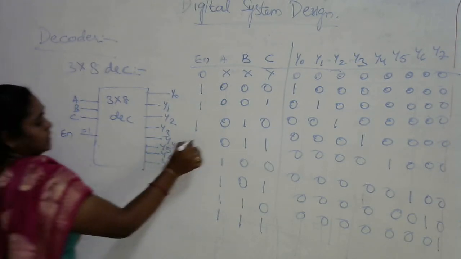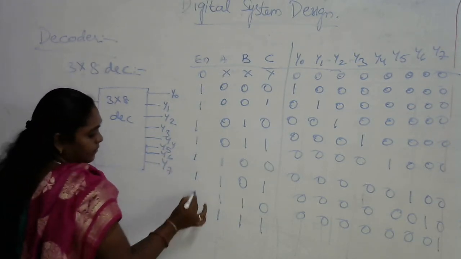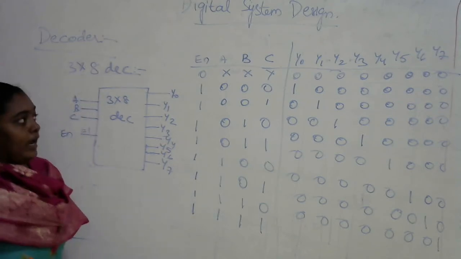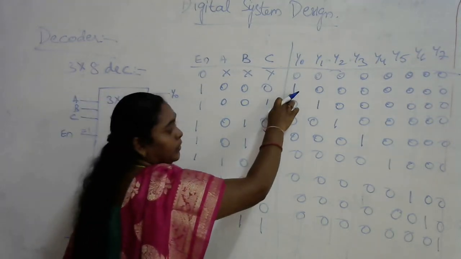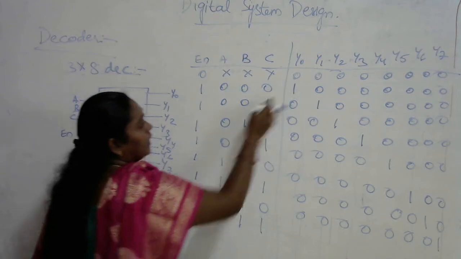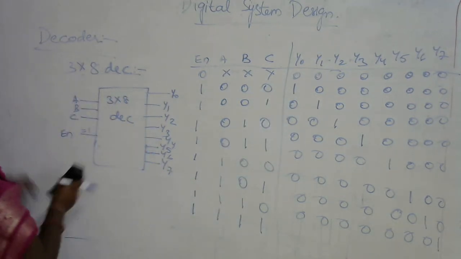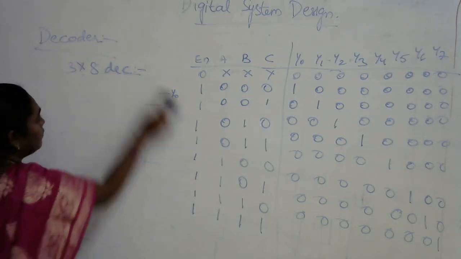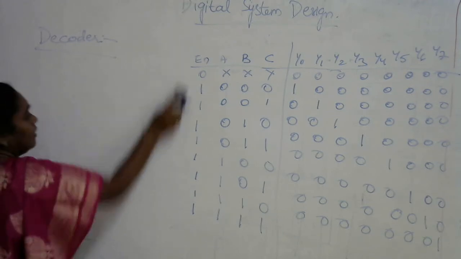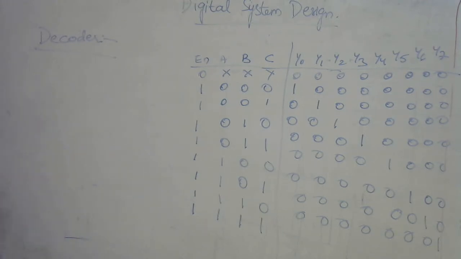Now even in this case, if you see this 3 by 8 decoder, at a time only one output is 1. So we can draw the logic diagram of a 3 by 8 decoder without simplifying, because for each output column we have a single one. So no need to draw any K-map for this.